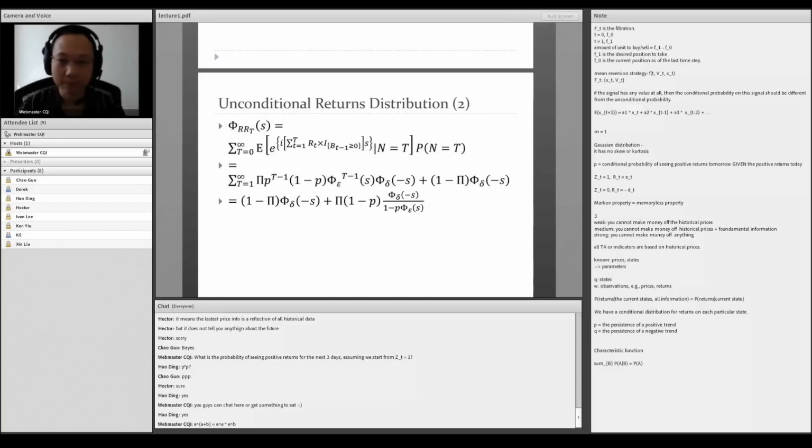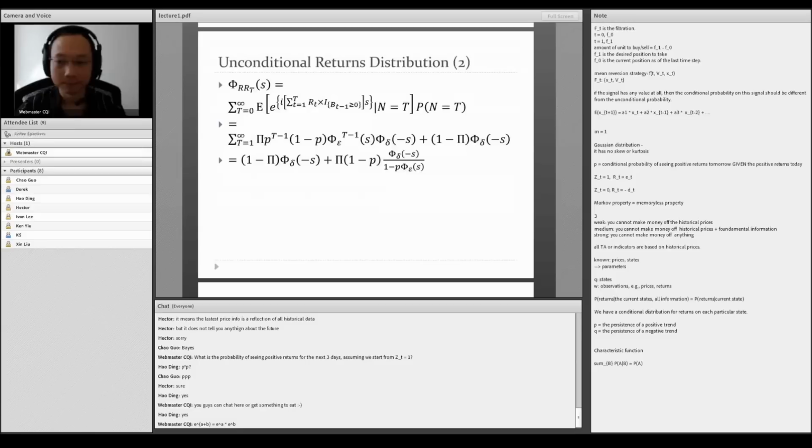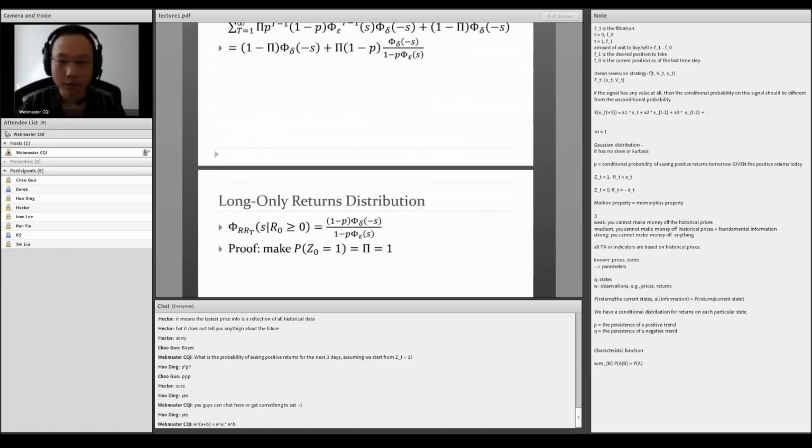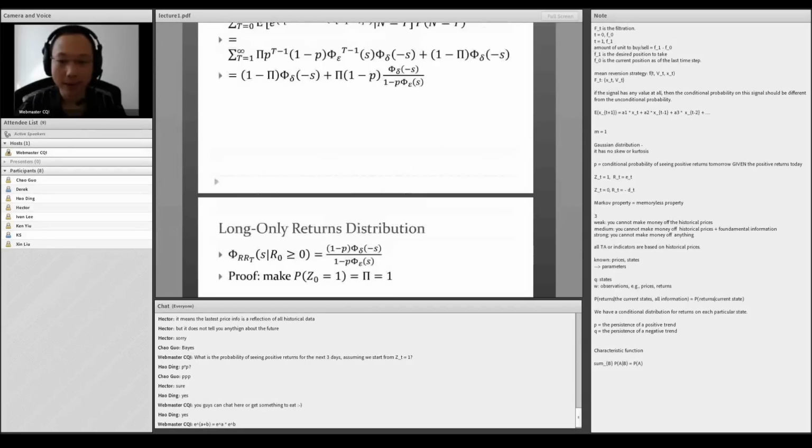So how are we going to use that? By the way, this is the long only returns. Basically, we compute this term conditional upon R0 being positive, and then you can do some simplification. This is what you get. So what we do is the magic here.